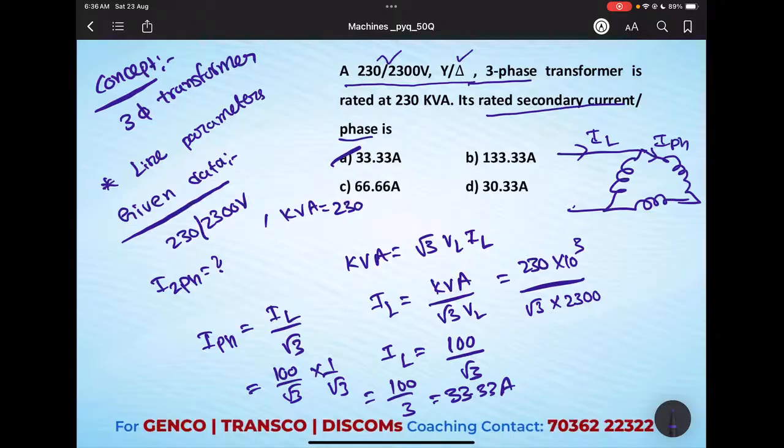The finding terms need to be observed carefully. What they are asking is the secondary current per phase. If they ask just for the secondary current and do not mention any phase, then our answer will be IL.